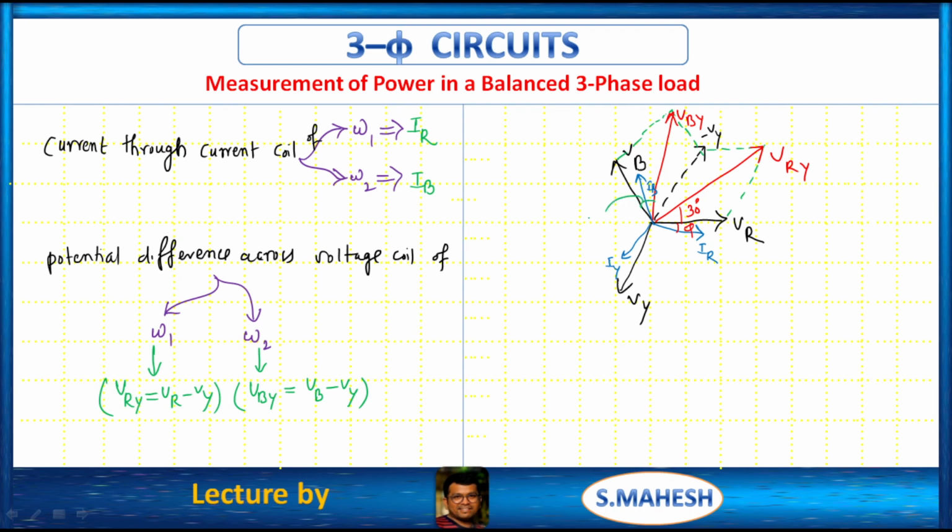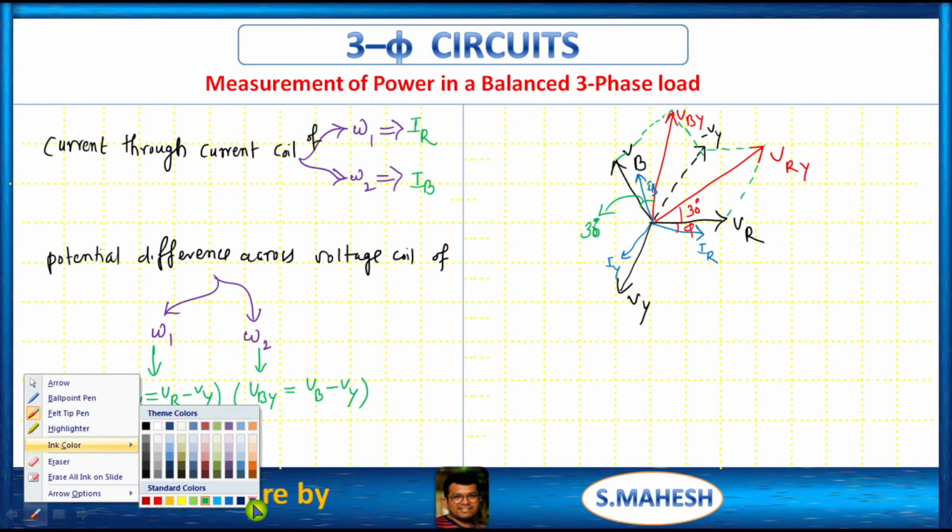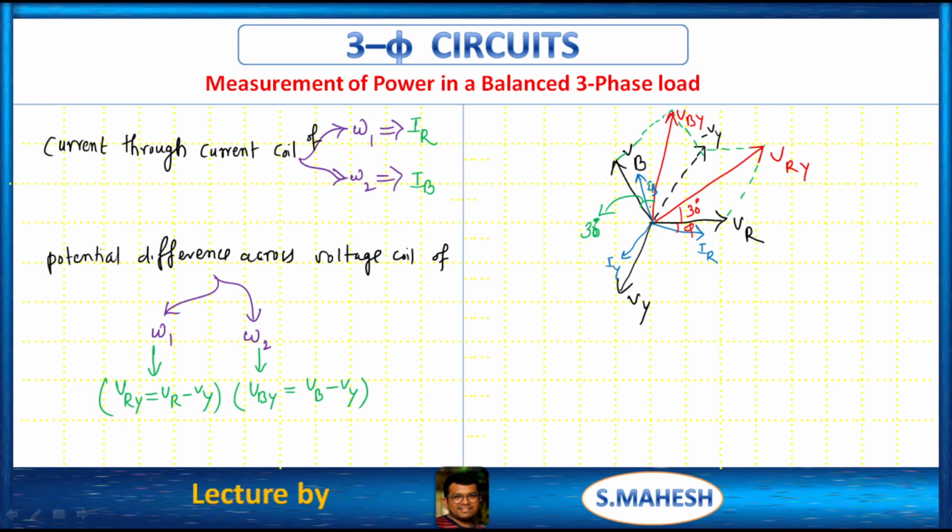But we need only the phase angle between Vby and Ib, that is this angle. This angle is 30 minus 5, right? That's it. 30 minus 5.